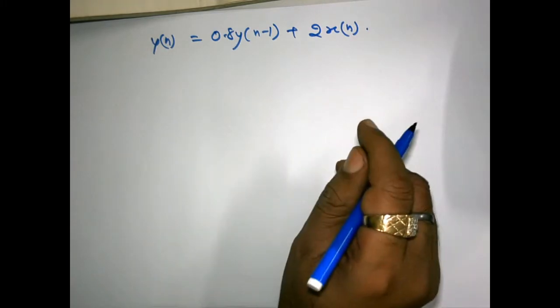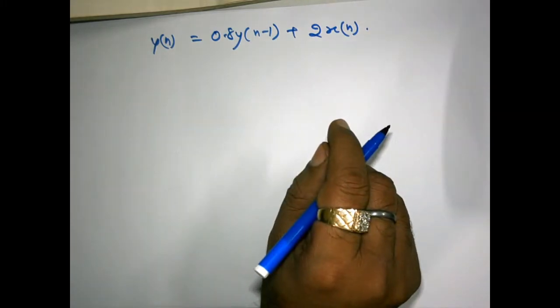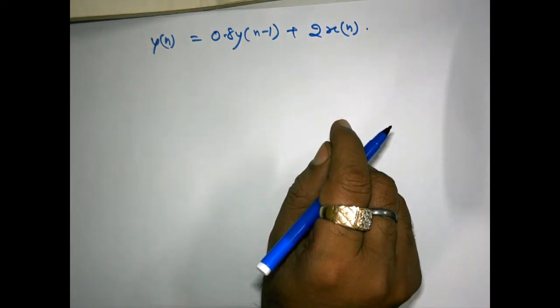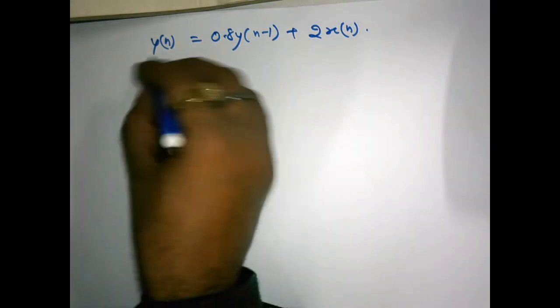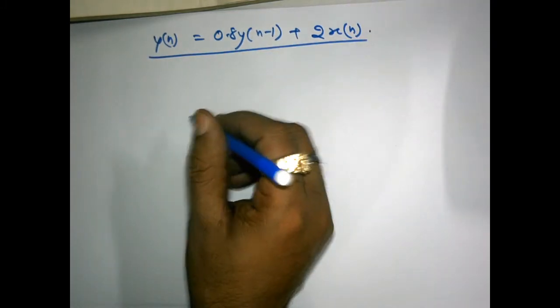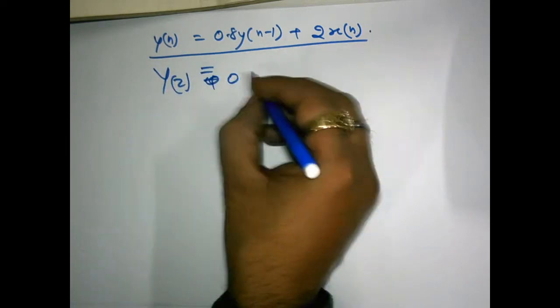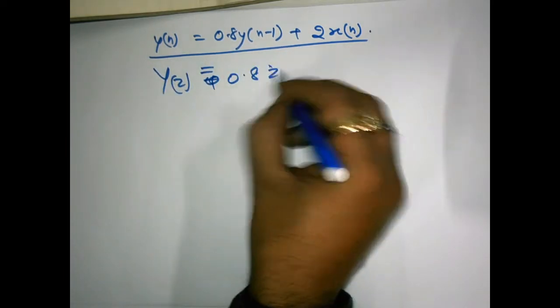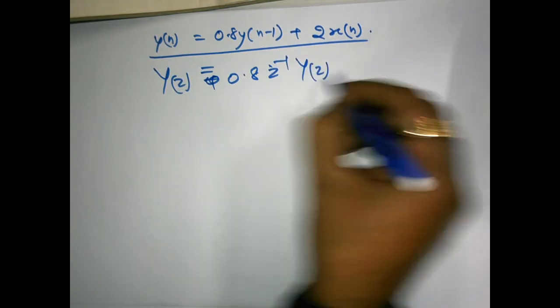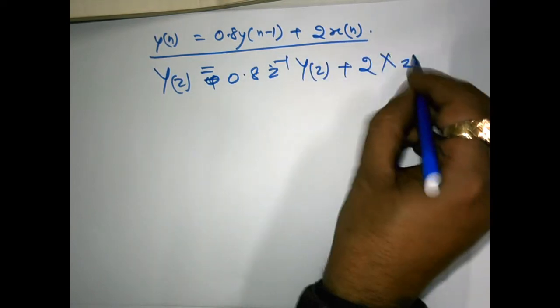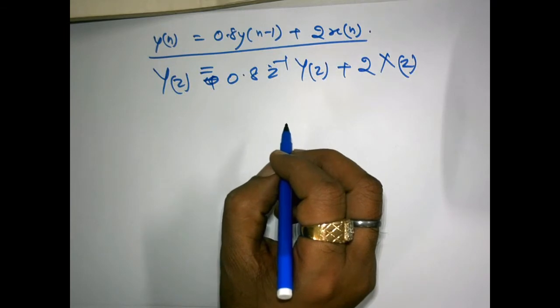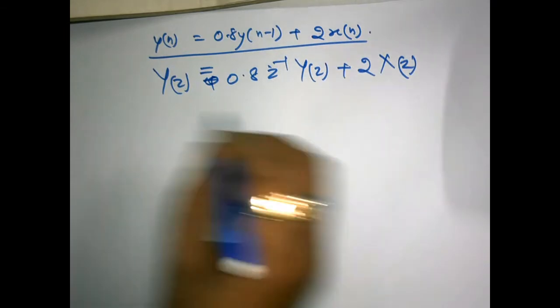The difference equation form is given to us, and we have to write down the transfer function form. So what is the way? We take the z transform of both sides. This will be Y(z) equals 0.8 z to the power minus 1 Y(z) plus 2 X(z). After taking the z transform, it will appear like this.